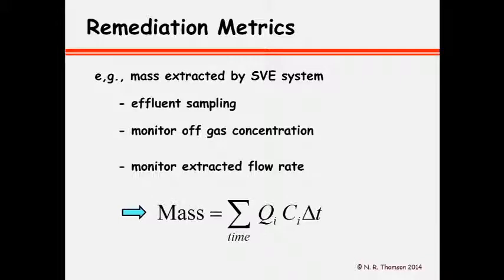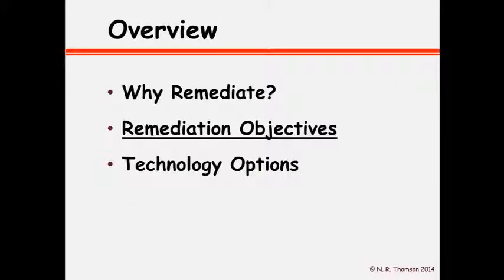And combined, you would be able to sum the flow rate times the concentration over an appropriate increment of time. And that would then be the amount of mass extracted by the SVE, a real clear metric, mass extracted by a remediation system.